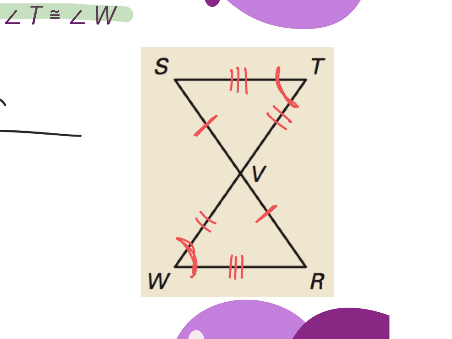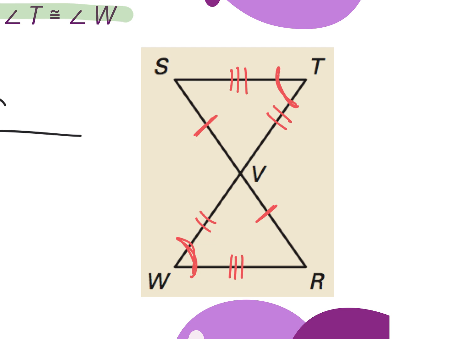Tell me the reason, Brandon. S and R. Well, how would we know that those are congruent? I don't know S and R are congruent until I do something first.